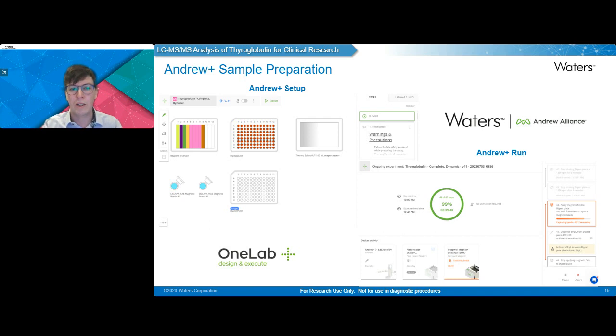And then on the right-hand side, you have what the Andrew+ looks like within OneLab when you're running the script. So effectively, it highlights what's currently running, the overall time of the run so far, and how long it is until completion. So it has some useful indicators within the software for the user.